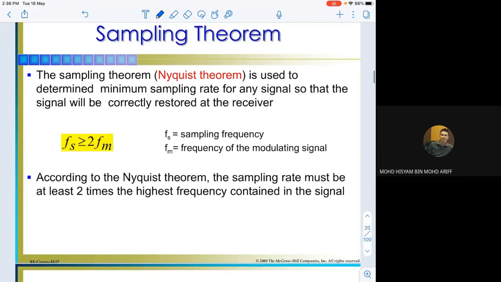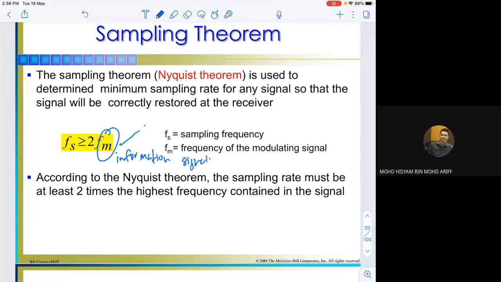Now the sampling theorem. This is important. This formula you must know, copy it out: Fs equals 2 times Fm, where Fm is the information signal.